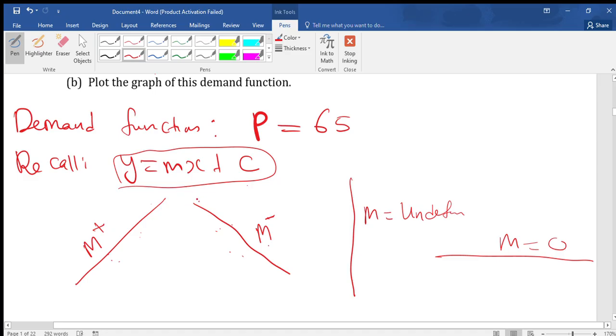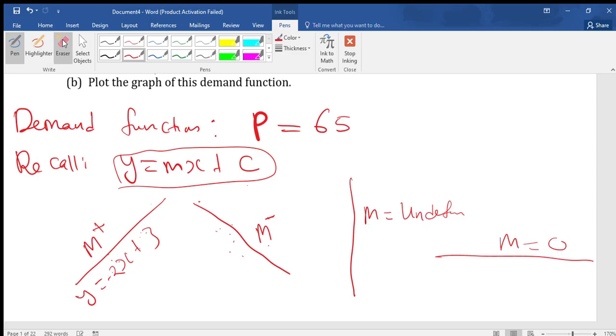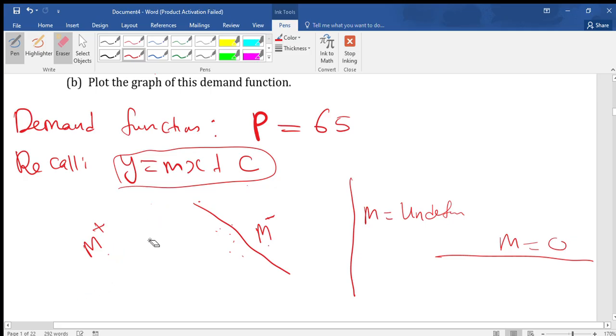For example, for something with a positive gradient, which makes my line slant in this direction, maybe you are going to have y equals positive 2x plus 3. The gradient here is positive 2. Any line which is slanting in this direction needs to have a negative gradient. Maybe you are going to have y equals negative 2x plus 3. The gradient here is negative.